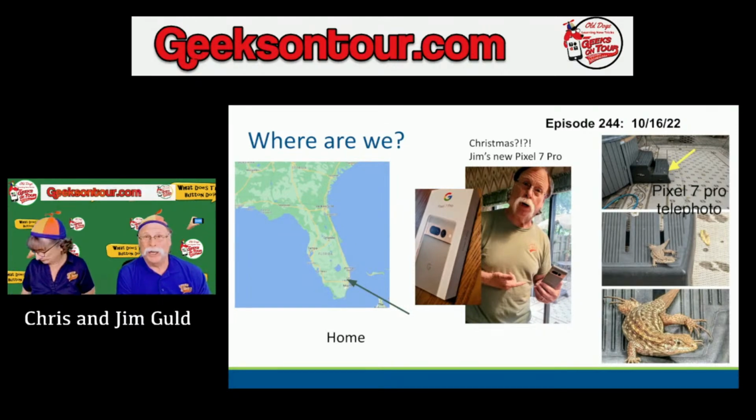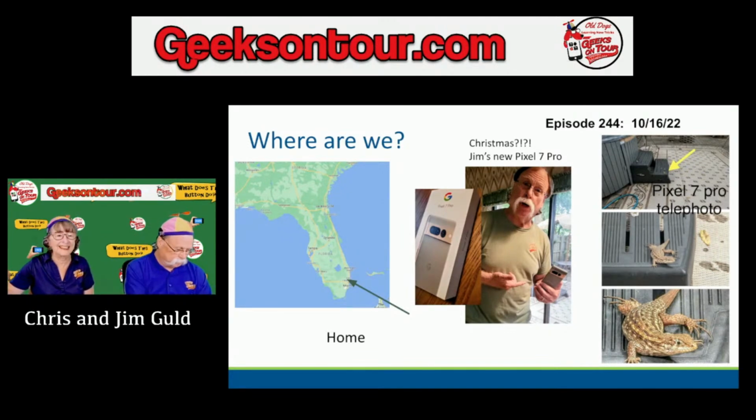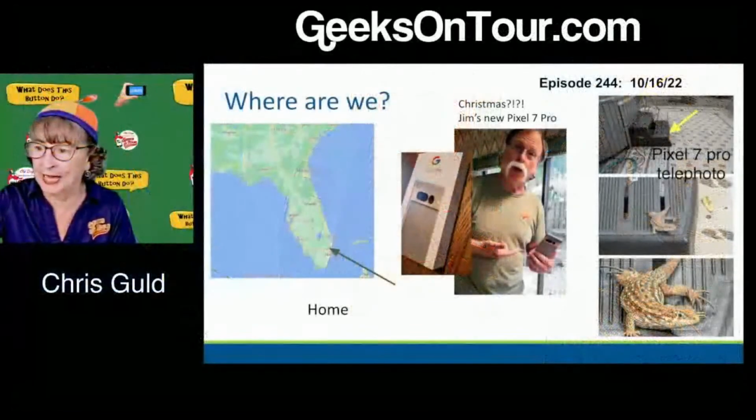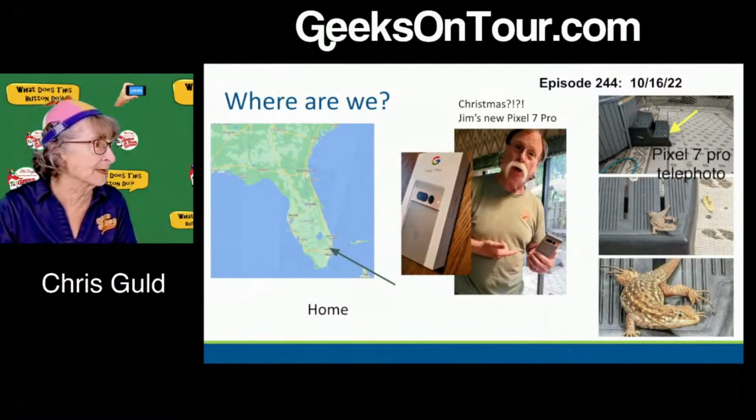So when I saw this and looked at the specs for the camera, whoa, look at the telephoto on that thing. The yellow arrow at the top of the screen there is pointing to this little lizard that is on that bottom step. And then he zoomed in. That's probably about 5x in the middle there.